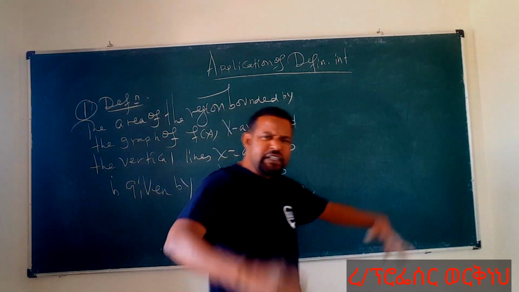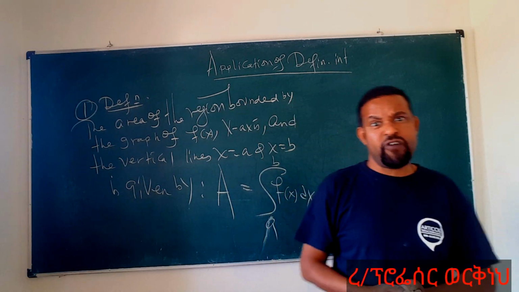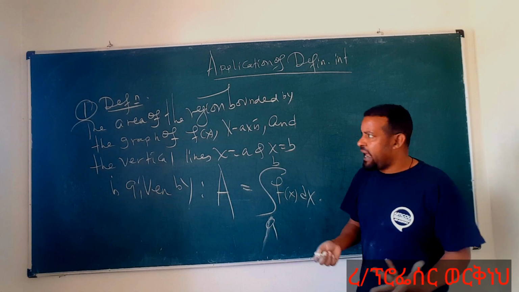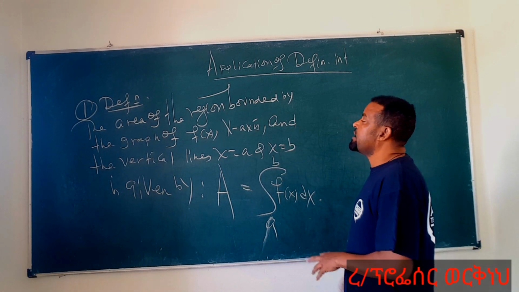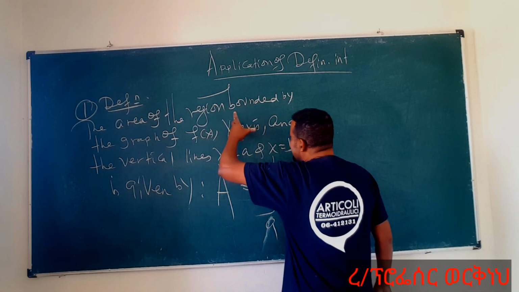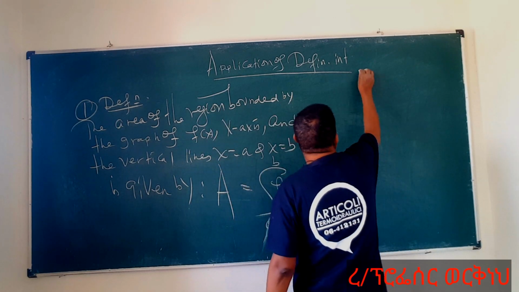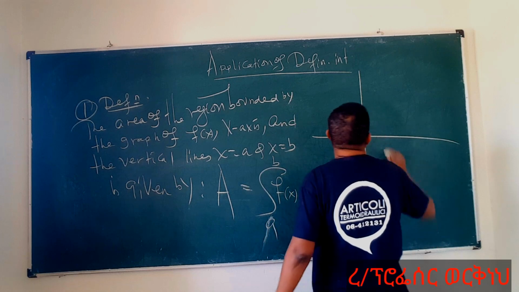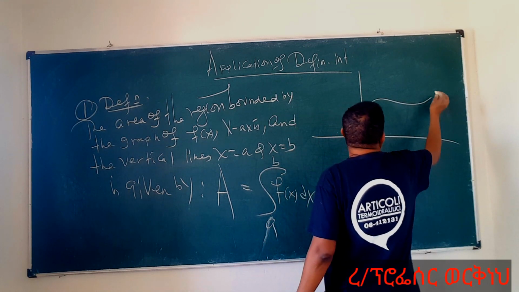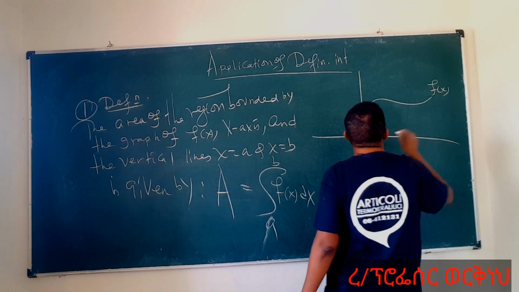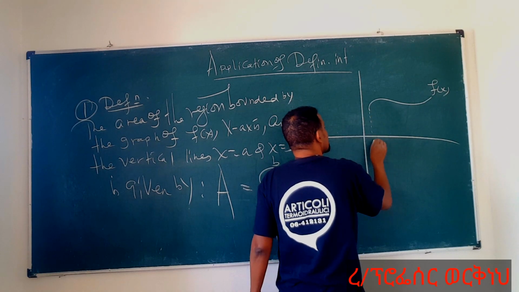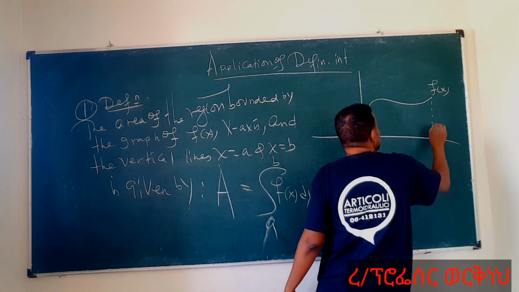So the first application of this definite integral is to find the area of the region bounded by the graph of f of x, the x-axis, and the vertical lines x equal to a and x equal to b. Suppose this is the graph of f of x, and suppose this one is a and this one is b.